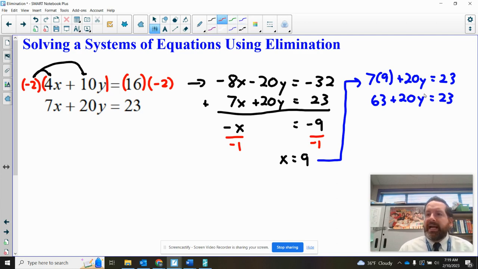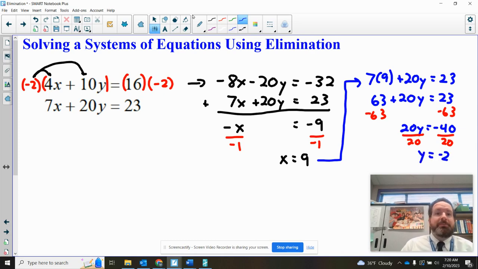Now let's isolate the y, so -63 on both sides of the equal sign. 20y, those go to 0. 23 minus 63 is -40. Divide by 20, divide by 20, and I'm left with y equals -2. And just like that, our system is solved. X is 9, y is -2.